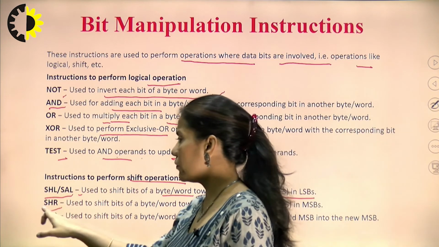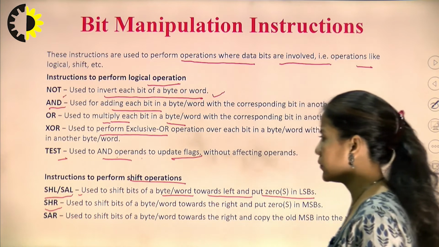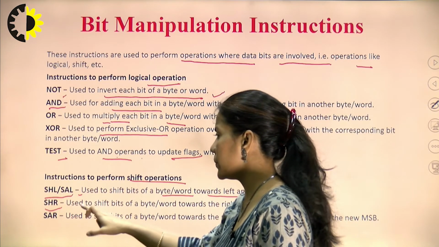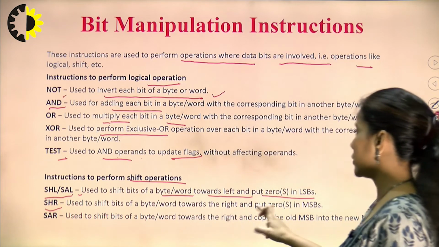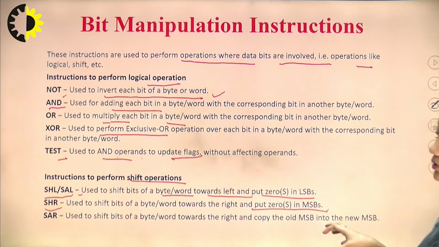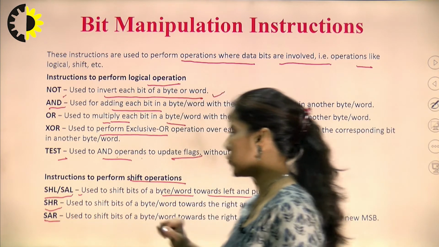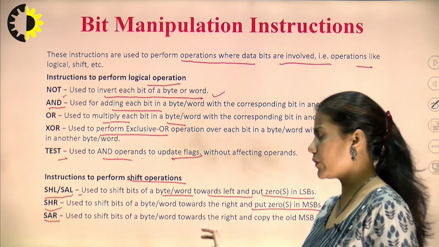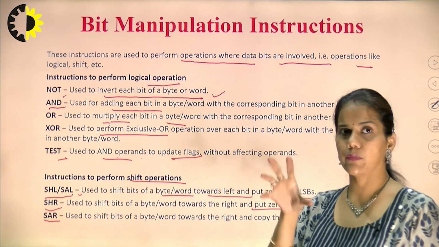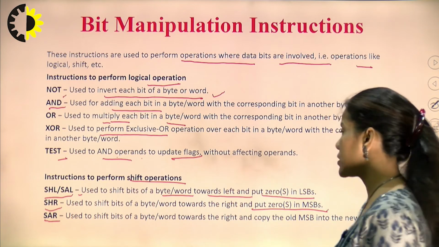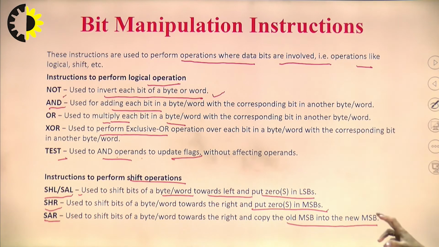In case of logical right shifting, the bits will be shifted to the right and zeros will be put in the most significant bits. But in arithmetic right shifting, the bits will be shifted to the right and the blank bits which have been shifted will be replaced with the sign bit of the old MSB.